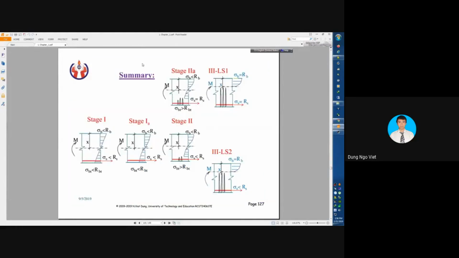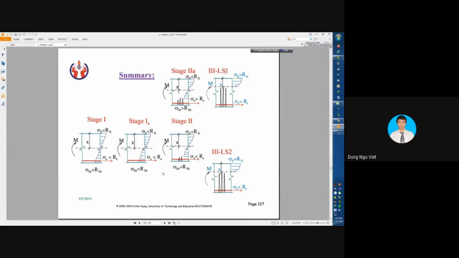So in summary, we have stage 1, then as we increase the load, it develops into stage 1A, then stage 2. From stage 2, if you arrange reinforcement not much, it goes to this branch, to stage 2A, and then to stage 3 limited stage 1.